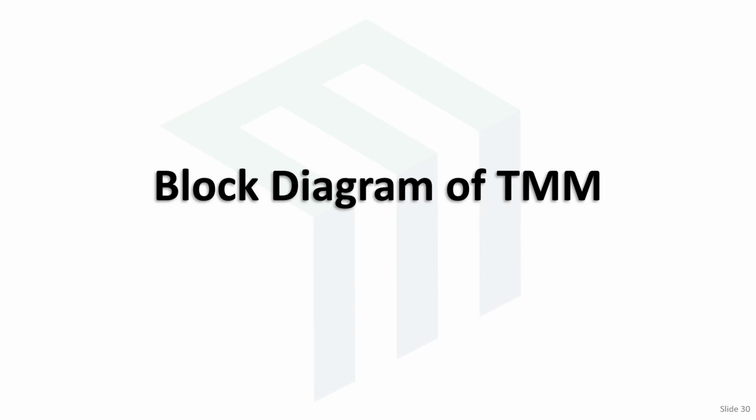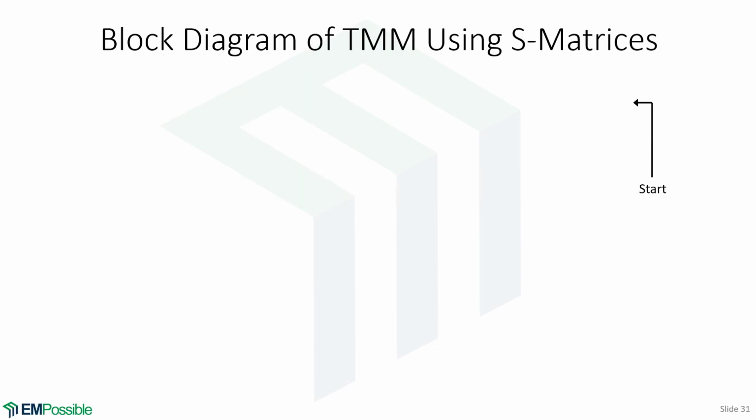Well, I've thrown a whole bunch of stuff at you, so let's tie all this together into a block diagram and show you really how simple this is. So we will start our method. Hopefully we know what we're simulating, we know all the dimensions, we've defined all this in the dashboard, so dimensions, material properties, and our algorithm is ready to begin.